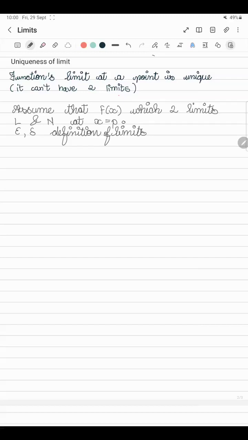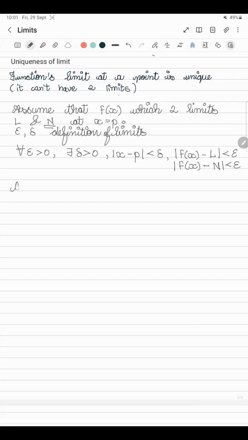So what we will get is, for every epsilon greater than 0 there exists delta greater than 0 such that when mod of x minus p is less than delta, we get mod of f of x minus L, where we put the limit L, less than epsilon, and as we have assumed two limits, the second inequality would also come.